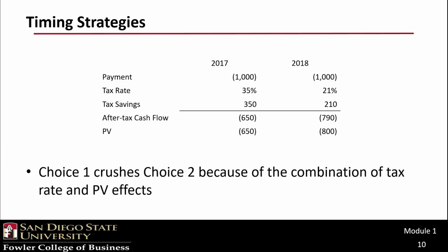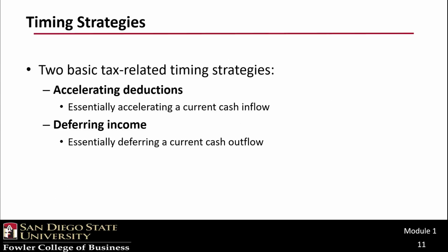The after-tax cash flow is $790. But since the tax savings gets reduced due to present value, the after-tax outflow is $800. So in this case, choice 1 totally crushes choice 2 because of the combination of tax rate and present value of money effects.